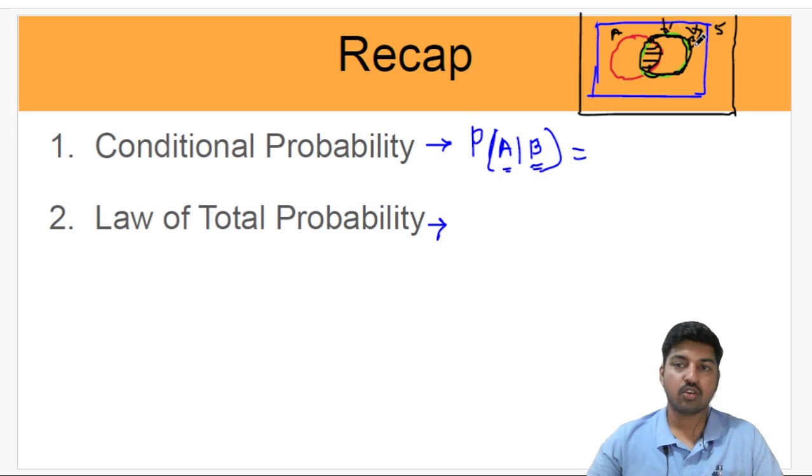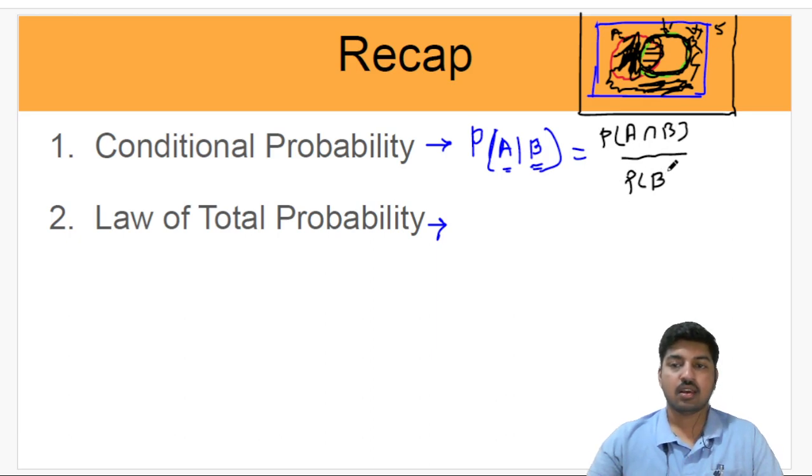The black part is not going to happen at all. Only the B circle is going to happen, but there is some part which is shared by the event A. So that is A intersection B upon B. That's why we calculate probability of A intersection B divided by probability of B.